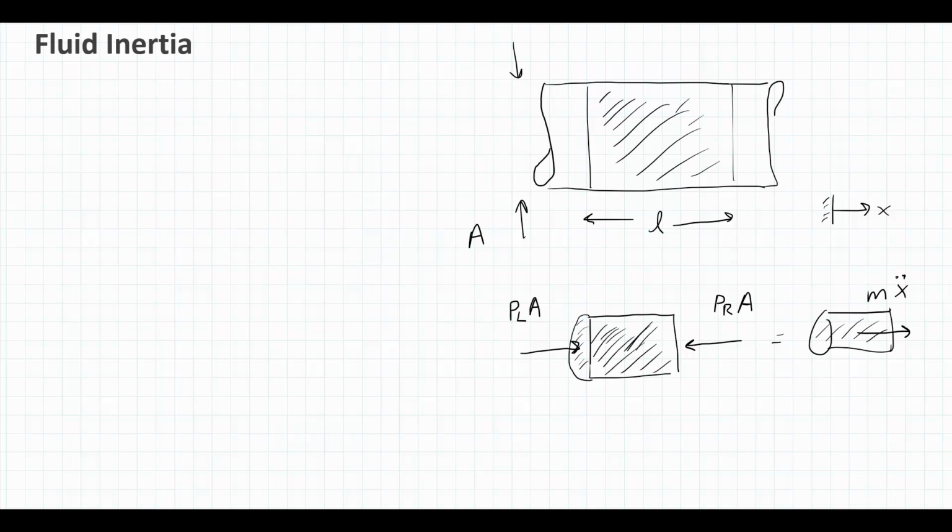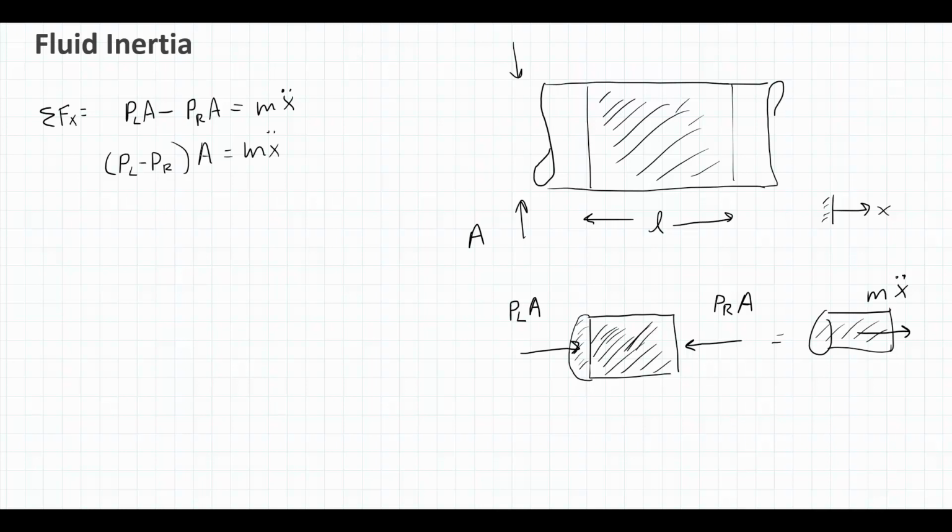So let's get an equation out of this. Well, if I sum forces in the x direction, I am going to have this PLA minus PRA equals mx double dot. And I can factor out an A and rewrite it this way.